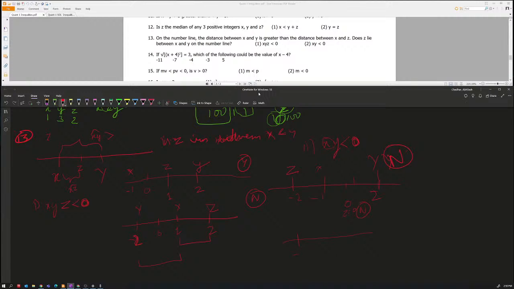So when it's the same sign as x, we get a no answer here. Oops, not only the same sign, it has to be positive, because with the same sign we will get minus, plus, and then a plus. So there is a minus. So this is not applicable. So let's eliminate this.